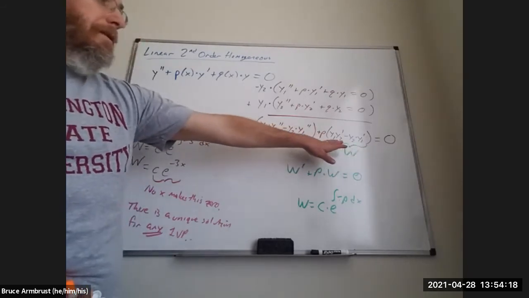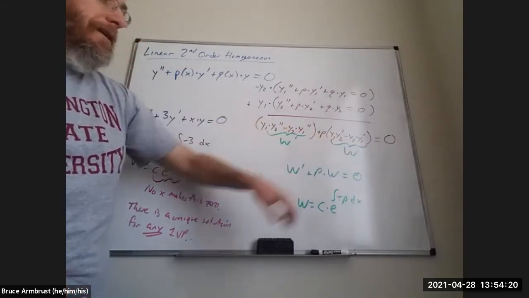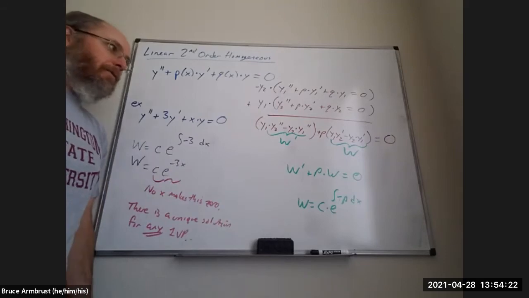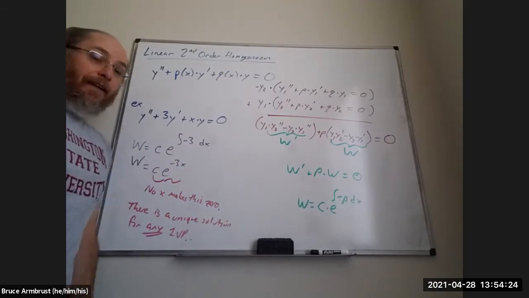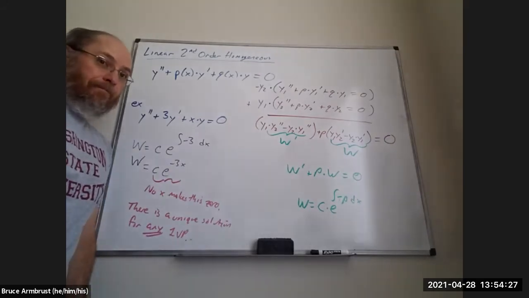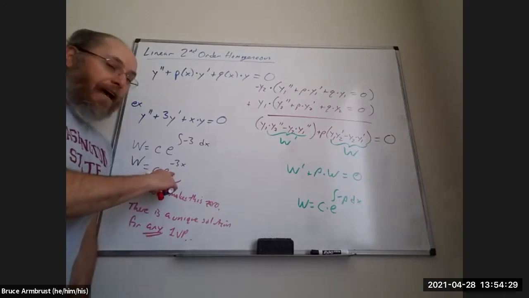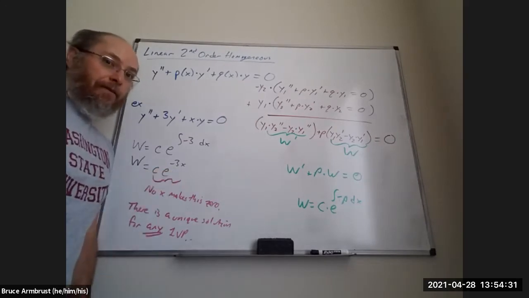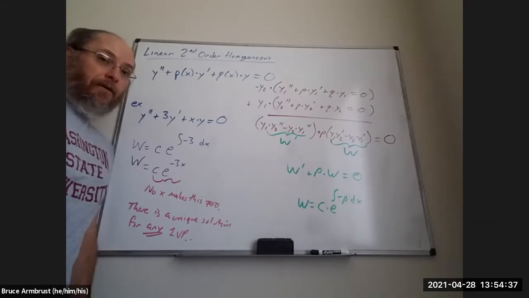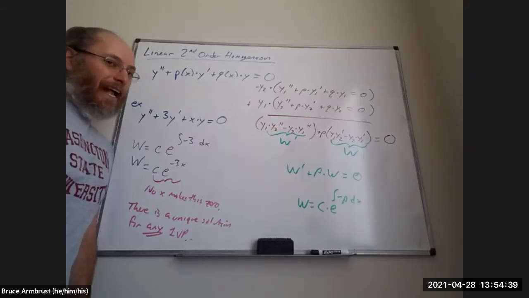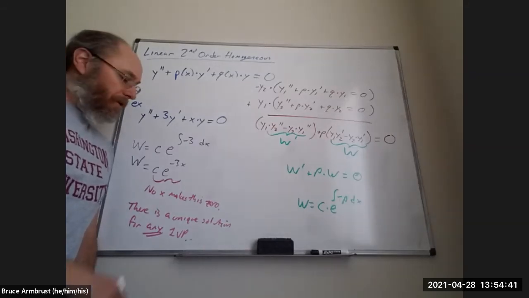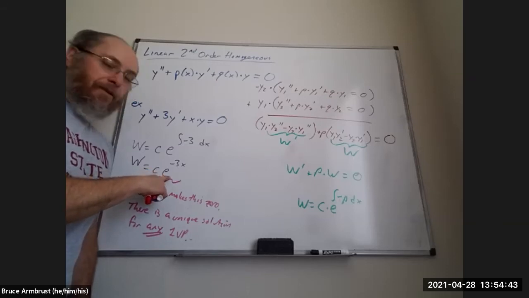To get e to the minus 3x, that tells me at least one of y1 or y2 has to have an exponential piece in it. In fact, it's going to have an e to the minus 3x. It might just be plain old e to the minus 3x for all I know. But I know that's going to have to show up in order for the Wronskian to look like this.